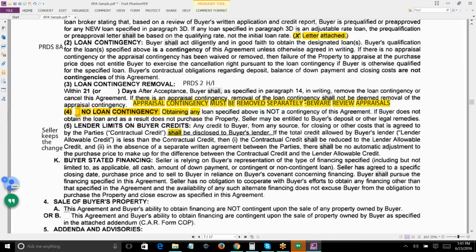Buyer limits, lender limits on buyer credits. So there's another shall there, which is underlined, by the way, shall be disclosed to buyer's lender. Now, what this is saying is that, who was I talking to today? I can't even remember anymore. But the buyer wanted a $25,000 credit towards closing costs because of repair issues.